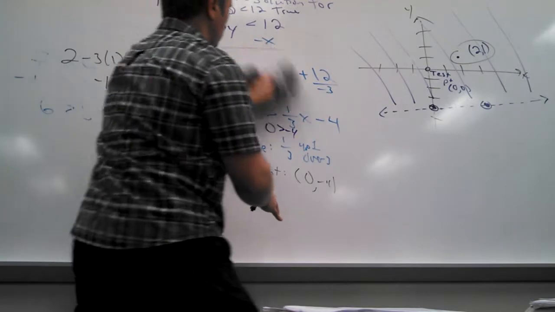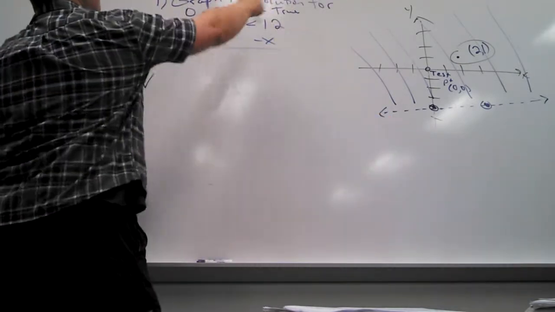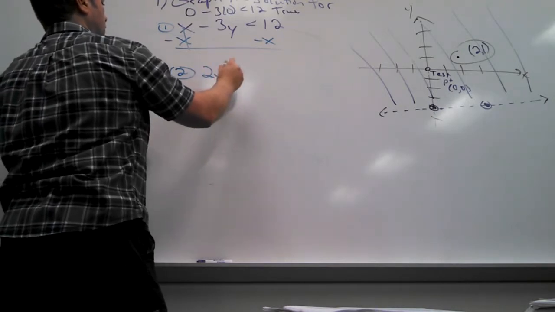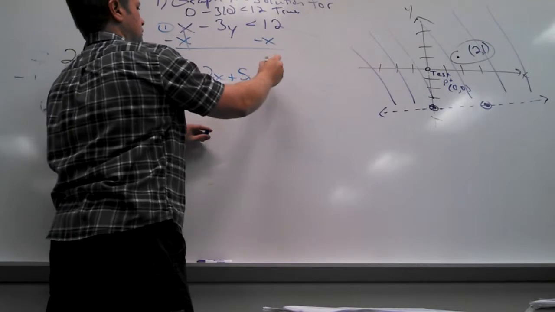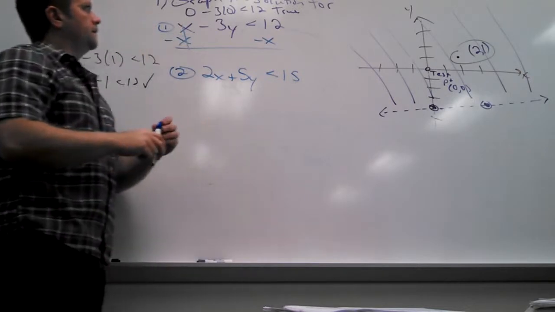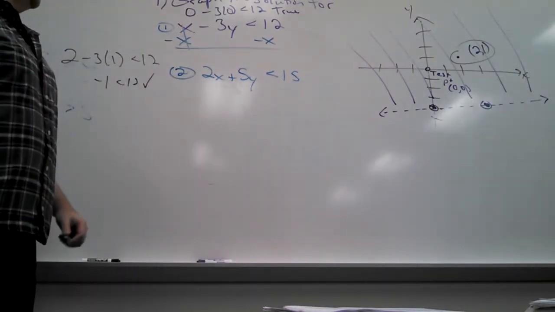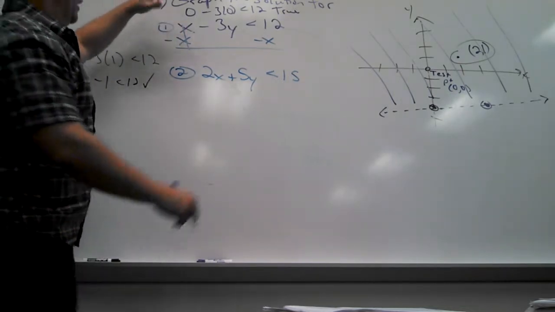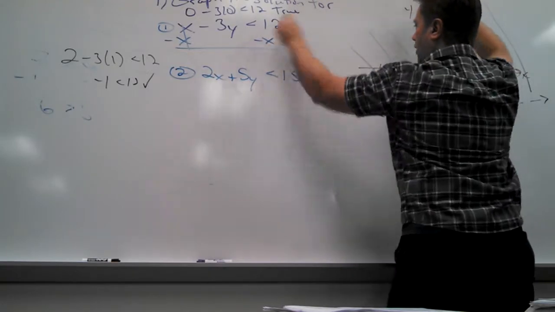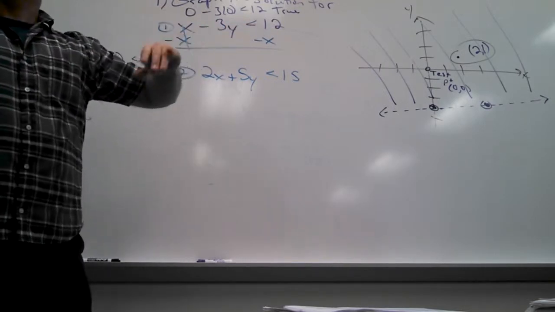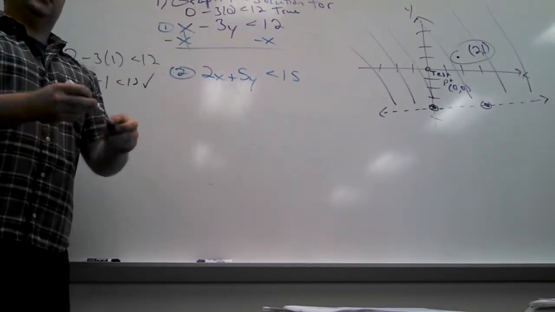So let's say this problem was graph the solution for this and this. If you were given a problem that had two of these, you take one, do it all the way. Take the other one, on top of that, you do that one all the way. And then let's see what we think the answer is going to be.